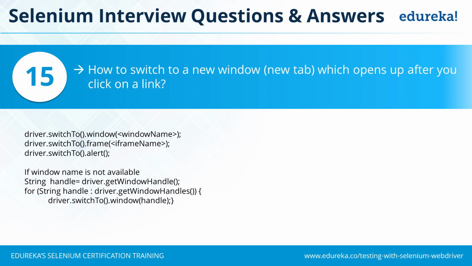Because without shifting the reference of WebDriver from the current window to the newly opened window, you won't be able to find the elements on the new window, because WebDriver is still on the old window and will try to find the elements of the new window, which you have provided attributes for, on the old window itself. So it is very important that you switch from the current window to the newly opened window.